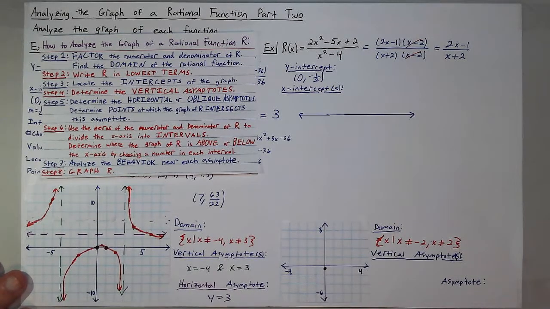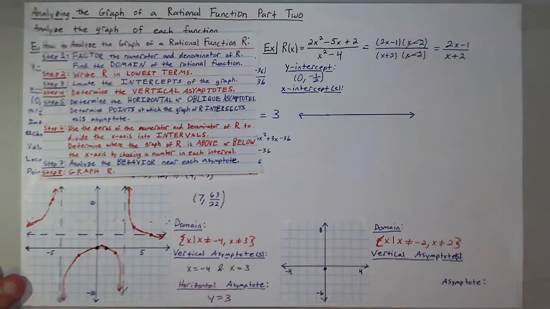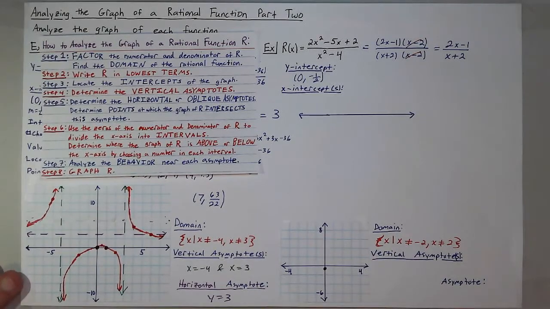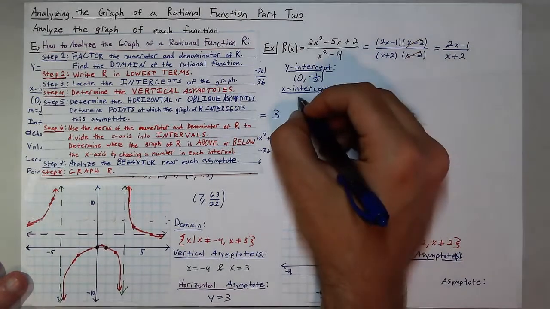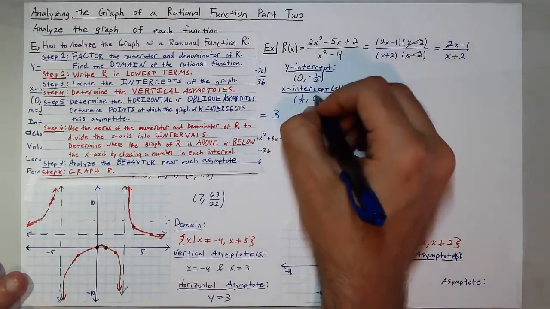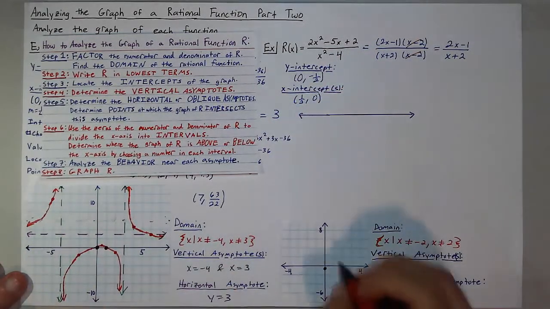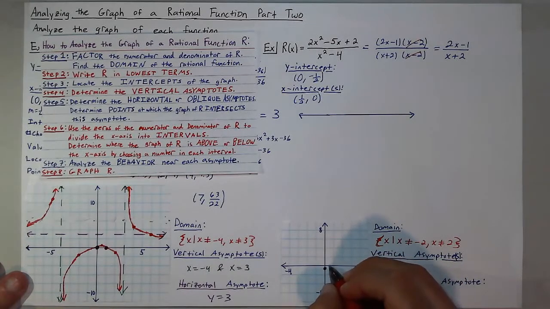And then my x-intercept would be anything that makes my numerator 0. So if I set 2x minus 1 equal to 0, I would get x is equal to 1/2. So 1/2, 0 is my x-intercept. So 1/2 here, 0.